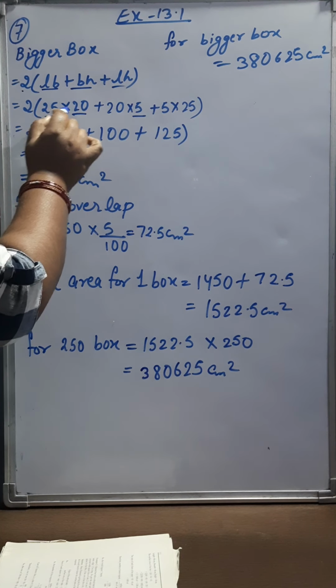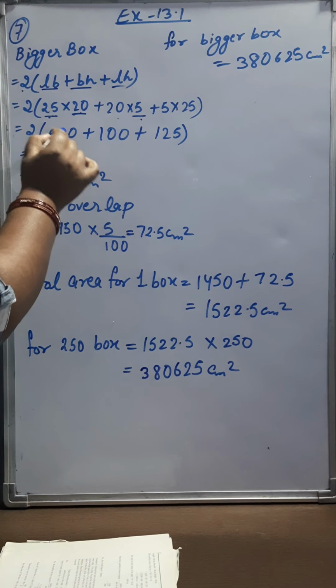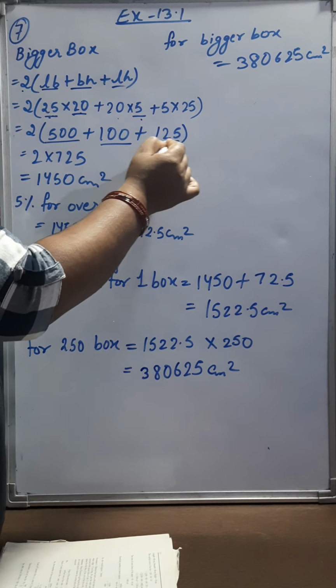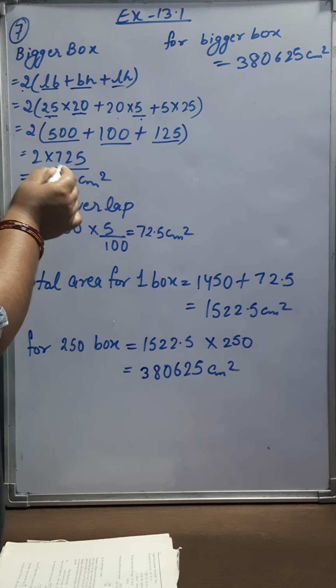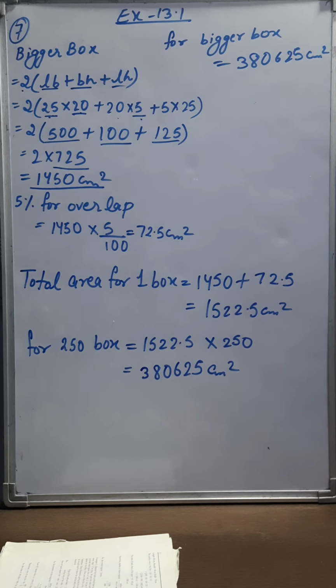We are having 25 into 20, 20 into 5, 5 into 25. So 25 into 20 is 500, 20 into 5 is 100, 5 into 25 is 125. When all the three are added, we are getting 725. When it is multiplied with 2, we have 1450 centimeters square for making one box. But here it is given that for all the overlaps, 5% of the total surface area is required extra.